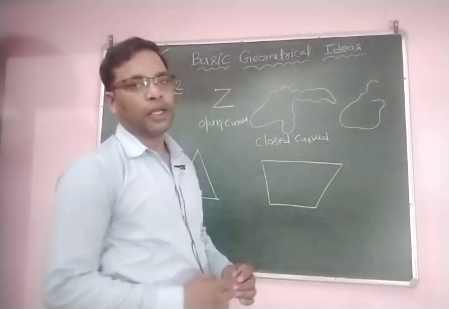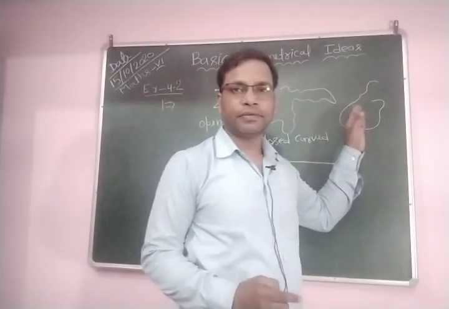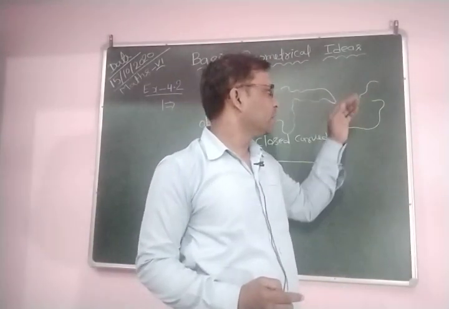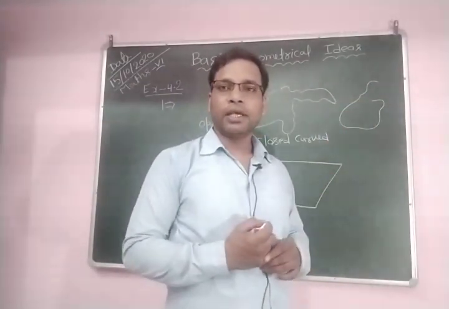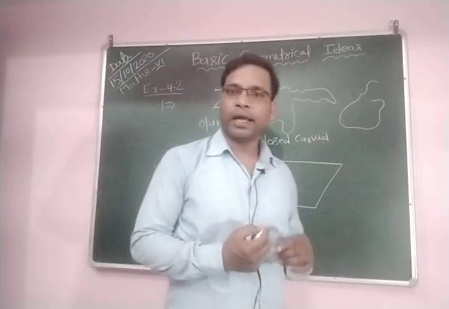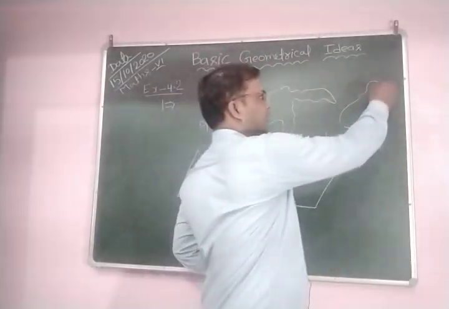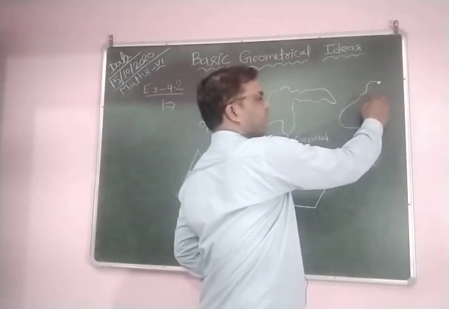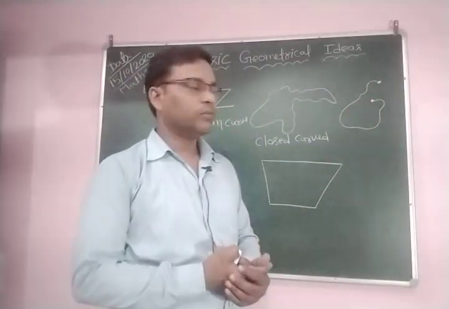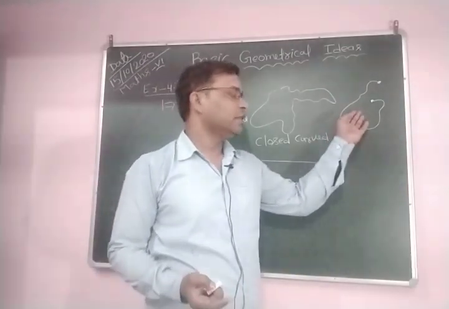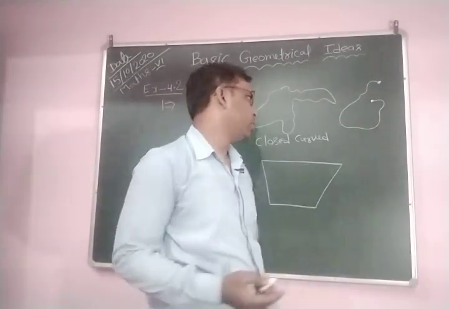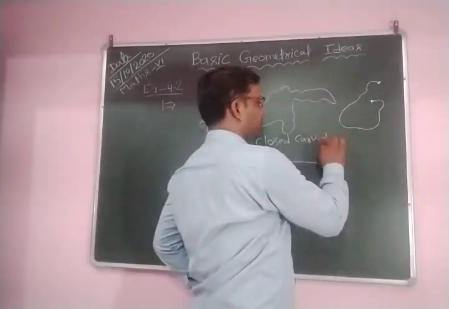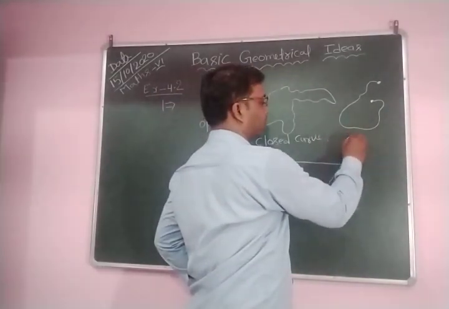Now you can see this figure, this curve. In this curve you can see the initial point and end point are at different places. One point is here and the other is here, both at different places. Then you can say this is an open curve.